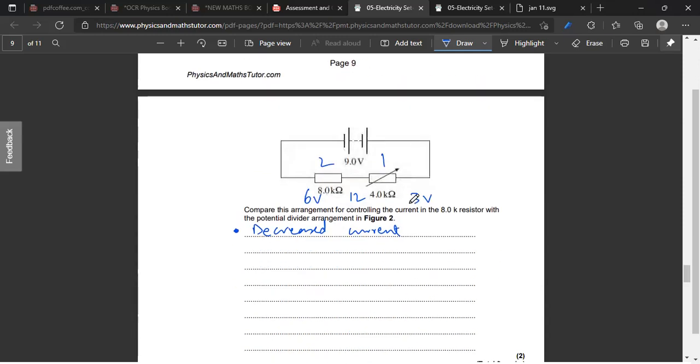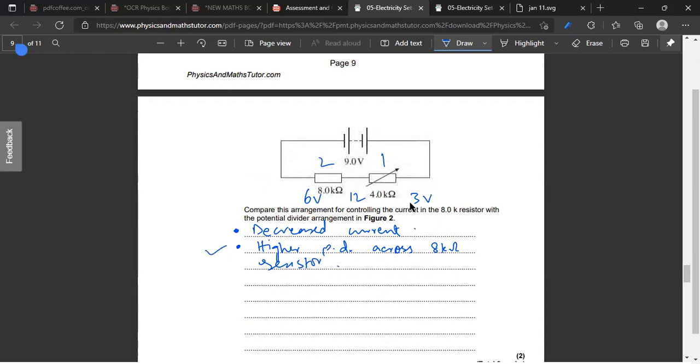So the 8 kilo ohms resistor will have a higher PD across it. I don't think they've told us to do this.